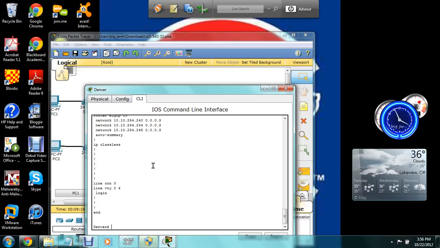Okay, so the problem is that our autonomous system numbers on our different routers are not the same. So we're going to go and put in our correct autonomous system numbers.